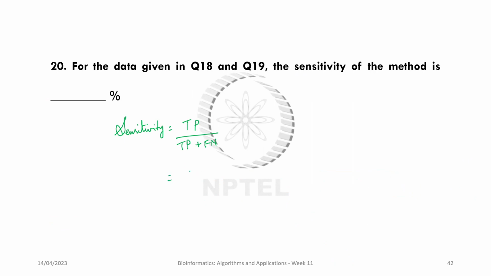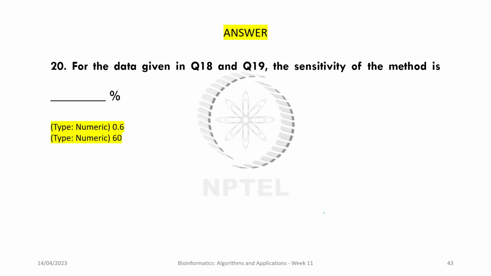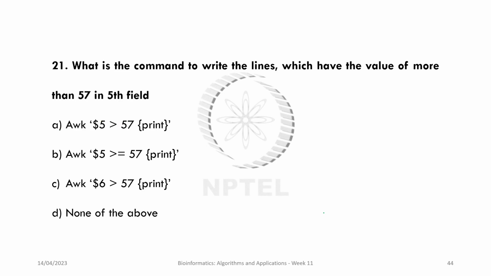What is true positive? 9 by 9 plus 6, right? 9 by 15, that should be 60%. Thankfully. All right, so if everybody gets that answer, we can move forward.